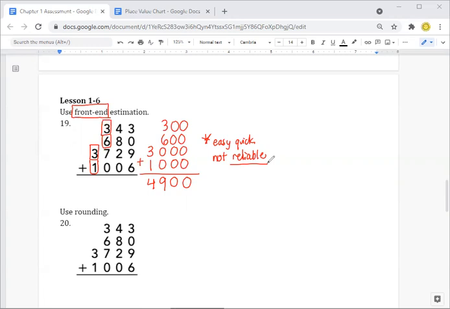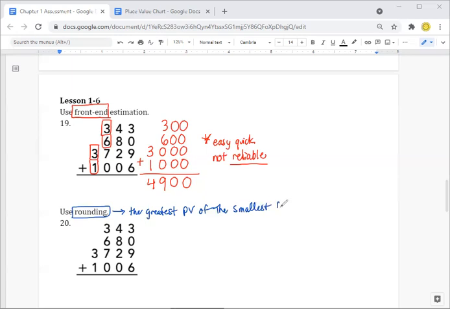On the other hand, a different estimation technique that we've studied is called rounding. Rounding takes into account value that happens in different parts of the number. Remember, when you're not told what position to round to, you're supposed to round to the greatest place value of the smallest number.